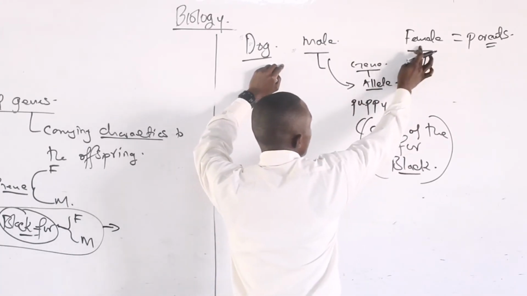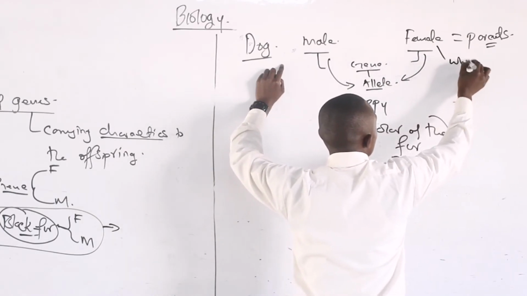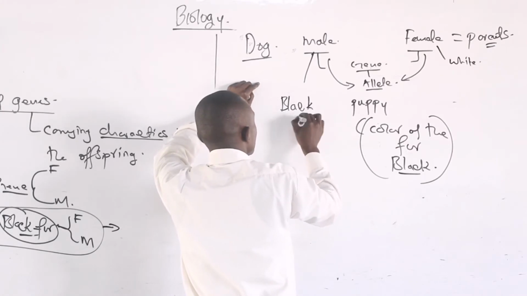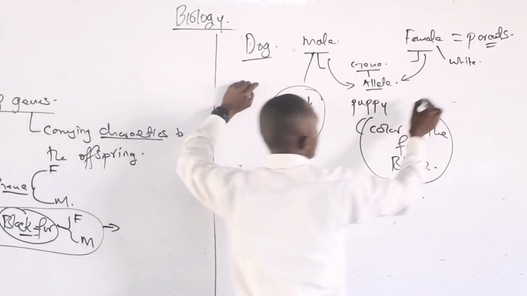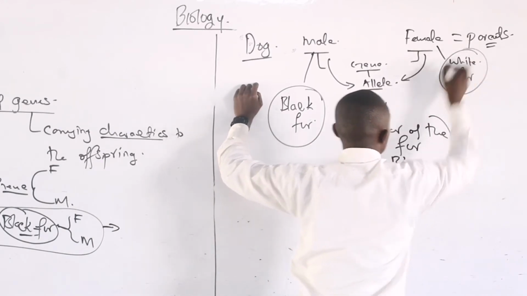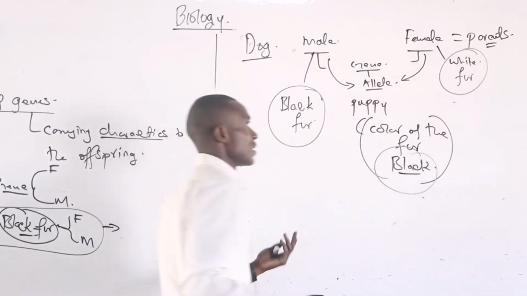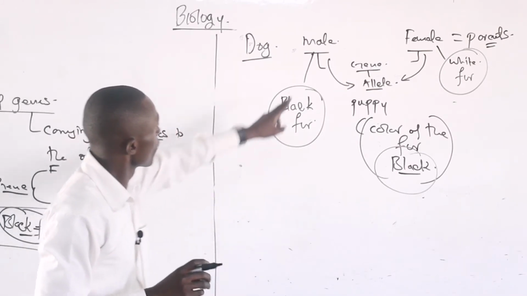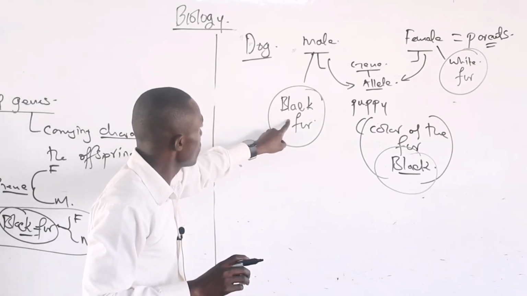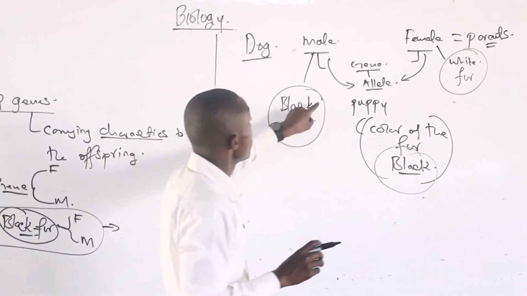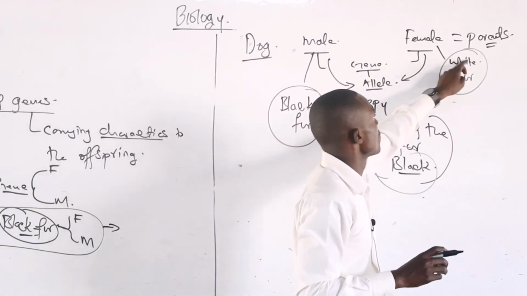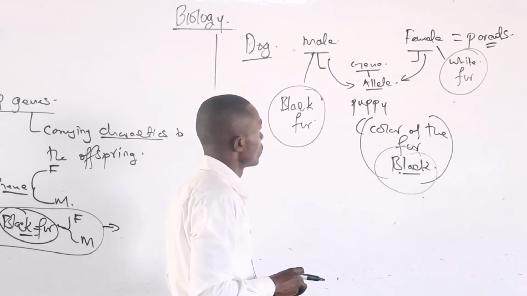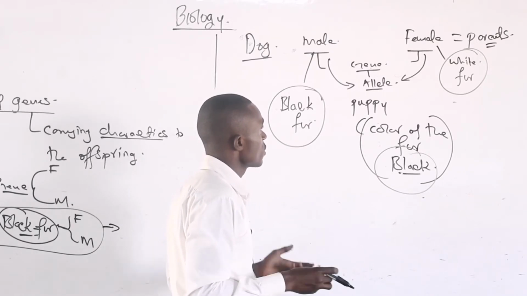If the female had white fur and the male had black fur, and then you have a puppy which is black, what does that tell you? That tells you that the allele for black fur was dominant to the allele for white fur. That's why we have a puppy which is black.